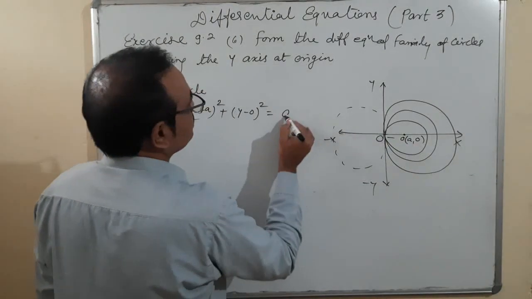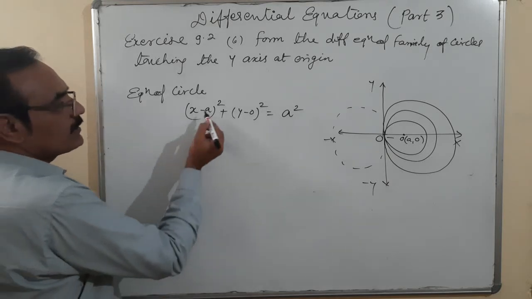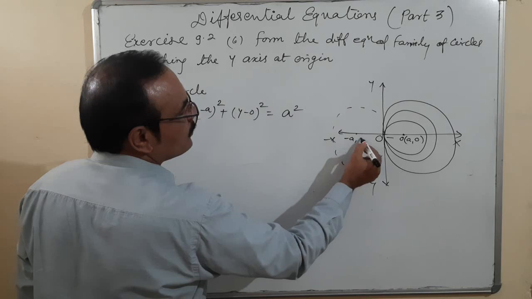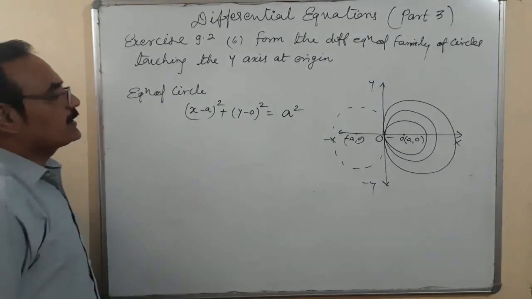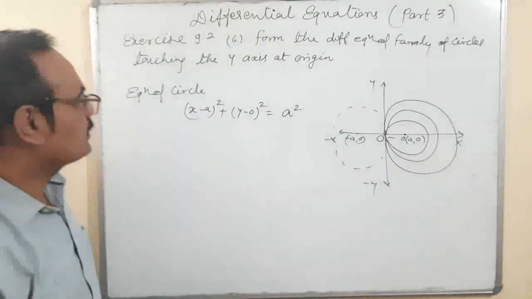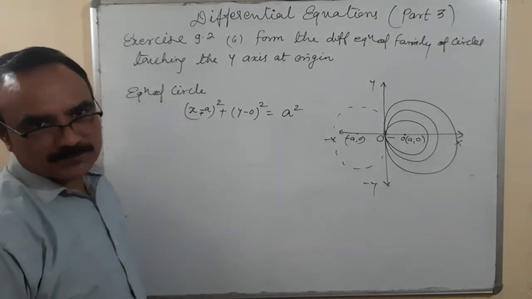Radius is a. Okay. One more condition is possible that side, minus a comma 0. So during that time, what is the center? x minus minus a, that means x plus a whole square. So what should I write here? Minus plus. Can we use this term?